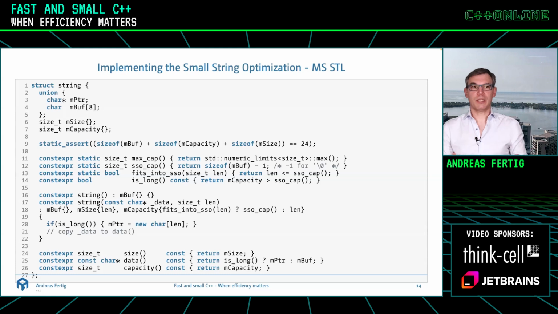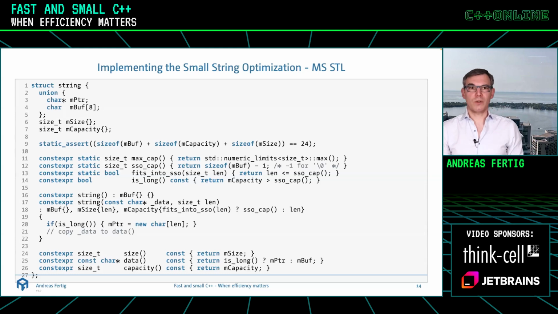Followed by that, they have mSize and mCapacity, as previously GCC showed as well, or libstdc++ to be precise. The total size here, once again, is 24 bytes, so the same as GCC. We have the same limitations, so max capacity is the maximum of a size_t on your architecture. SSO capacity is mbuff minus 1, meaning 7 bytes here, so exactly the same as GCC.